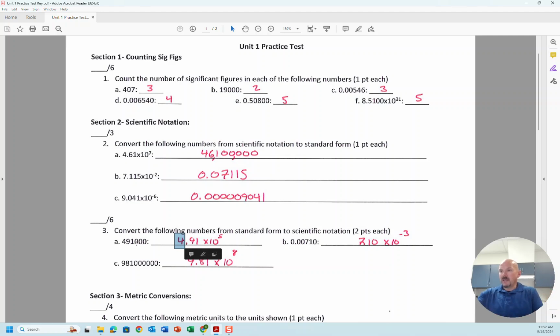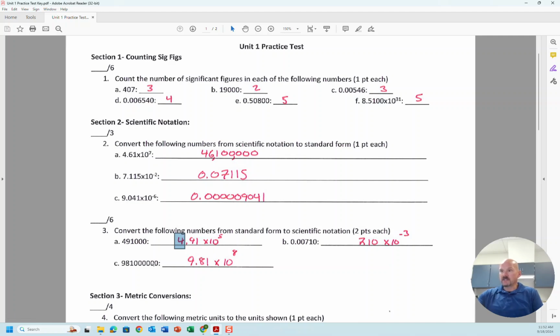We really want to keep moving the decimal all the way until we only have one non-zero digit to the left. And so we're going to say 4.91, and since it was 5 spaces, that would be times 10 to the fifth. But mathematically, there's no difference between 4.91 times 10 to the fifth and 491 times 10 to the third. They are the same thing. It's just proper scientific notation versus improper scientific notation. Okay.